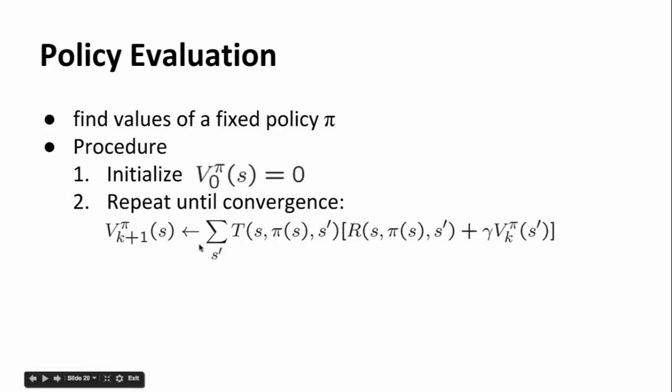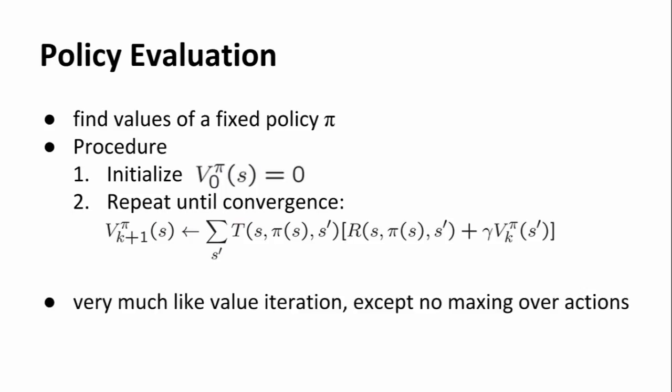And then we're going to do this update. So again, there's no max here, because we don't get to choose our action this time. Our action is fixed by our policy pi, but we're just going to update it based on this. And then we're going to repeat that until the values converge. Now, again, this is very much like value iteration, except you don't get to choose your action.